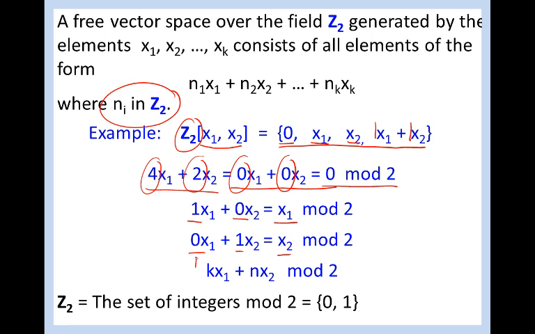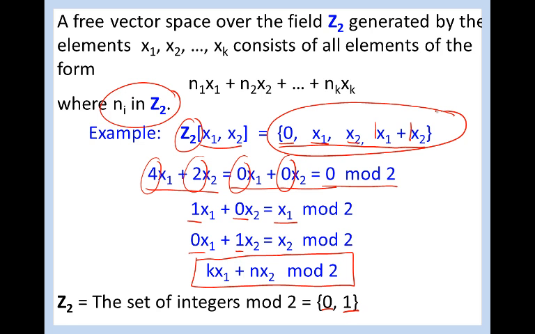So all linear combinations of x1 and x2, if our coefficients can only be 0 or 1, then we only have 4 different elements in our free vector space generated by x1 and x2 over our field Z mod 2.